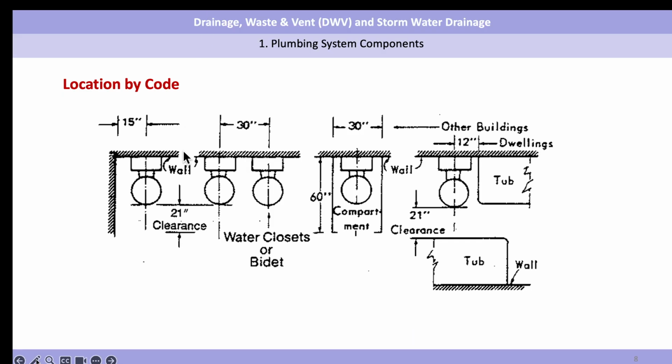We have to check the plumbing code, like what the exact clearance is between urinals or between water closets, and what size we have to provide for the urinal design. Like in this one, the OC, center to center, the clearance is 21. And like this one, center to center is 30. And from the wall to the water closet or urinal is 15. For different countries and different types of building, they may have different clearances.